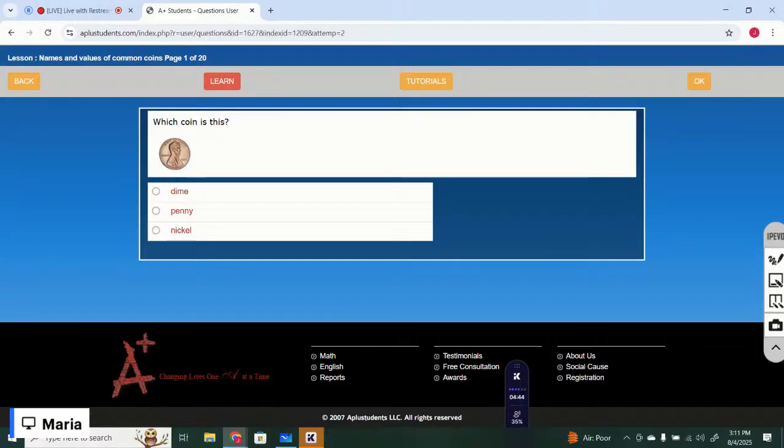Which coin is this? Dime, penny, and nickel. That is the nickel. Option number three is the correct.